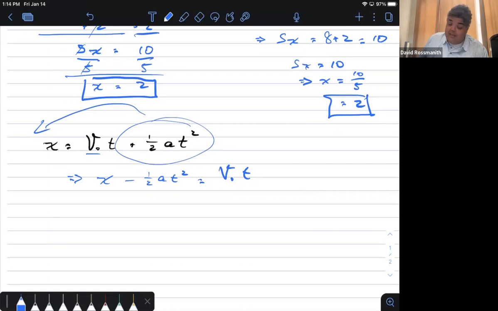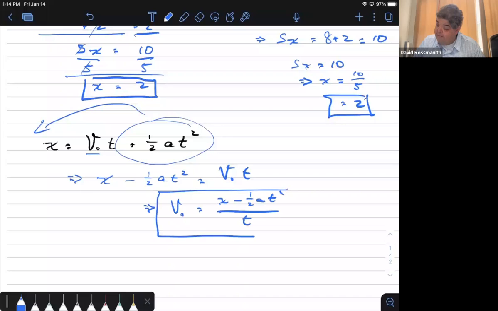I want V naught by itself. So I want to move the T over to the other side. So I know that in order to move it, since it's multiplied here, I divide it over. So I'm left with V naught is whatever was over there already, X minus 1/2 AT squared. And now I divide it by T. I moved the T over to the other side. And now we see I have the answer.